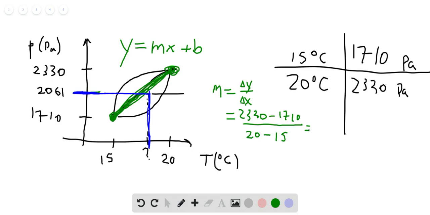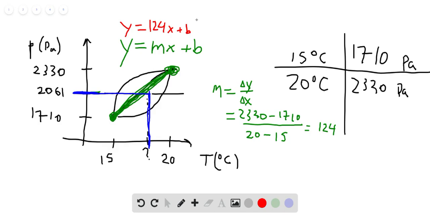And so m is equal to 124. Then what we can do is rewrite this equation. Now we know that y equals 124 times x plus b.